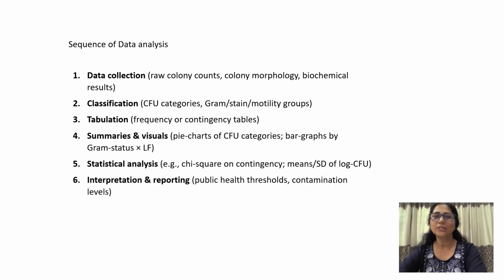Then, once we classify it, we arrange that data in the form of a frequency distribution table, or a multivariate table, or a discrete table. Once we classify and tabulate, we can easily summarize or visualize it through graphical presentation, like various types of graphs: a pie chart, a histogram, a polygon, a curve, or a bar diagram.